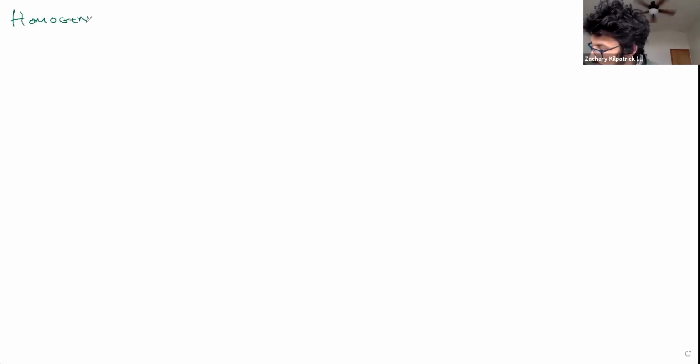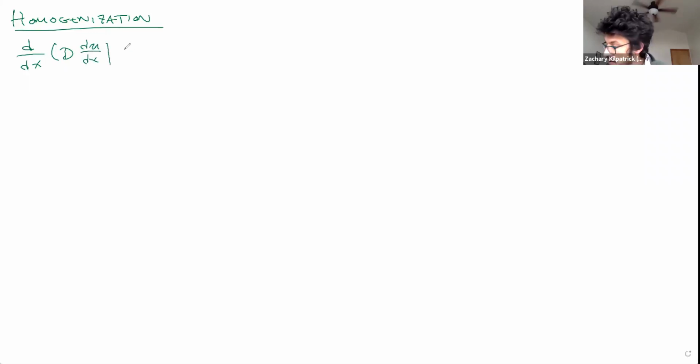The general idea with homogenization problems, as we introduced in an introductory example, is to take, for instance, problems where you may have some inhomogeneous parameters in space, or it could also be in time.